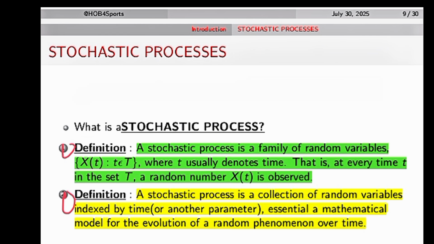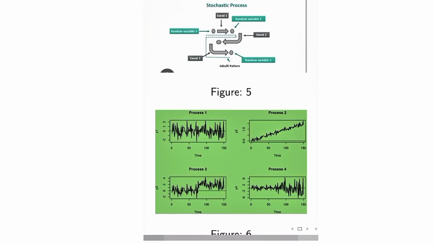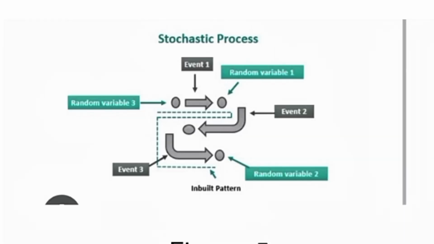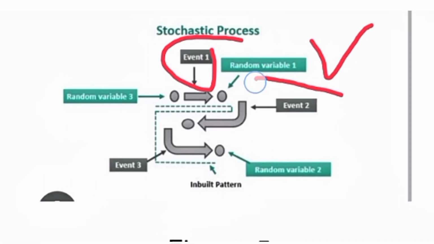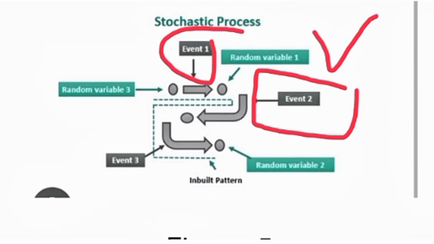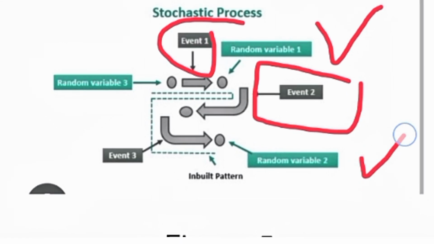So for now, if we look at these two diagrammatical representations, we have a stochastic process, and it says here event 1. In event 1, you have your random variable 1, and you also have your event 2 and your random variable 2.